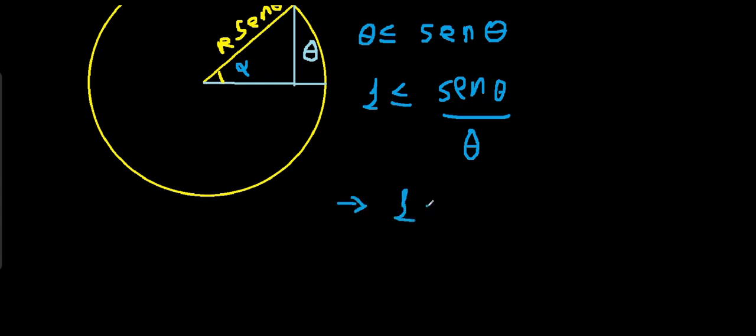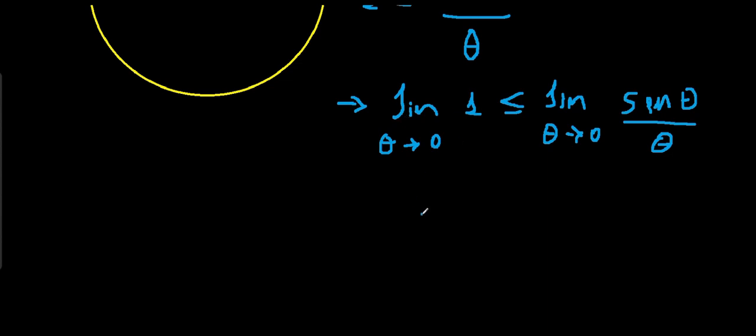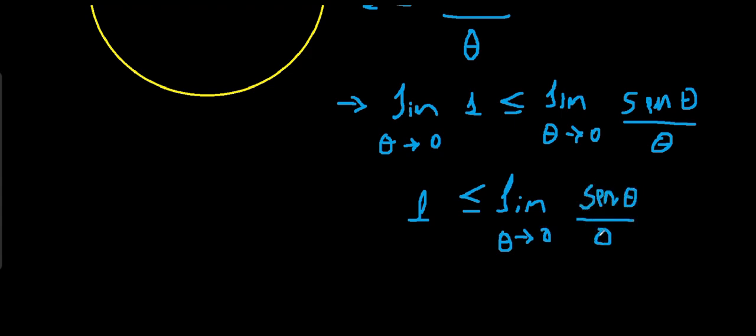So the limit as theta tends to zero: the limit of one is one, which is less than or equal to the limit as theta tends to zero of sine theta over theta. I don't know if you're right.